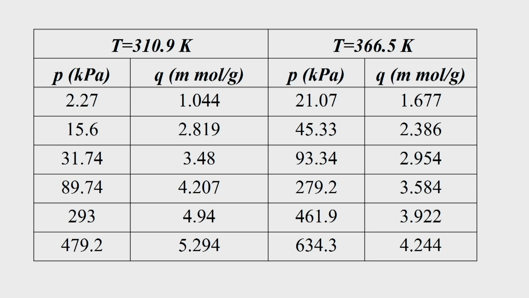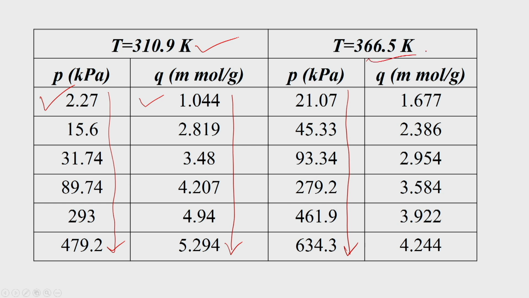The pressures are given, for example at 2.27 kilopascal, Q will be 1.044, and if we increase the pressure, Q will also keep increasing. At the higher temperature, if we increase the pressure from 21.07 to 634.3 kilopascal at 366.5 Kelvin, the millimole adsorbed per gram adsorbent increases from 1.677 to 4.244 millimole per gram.